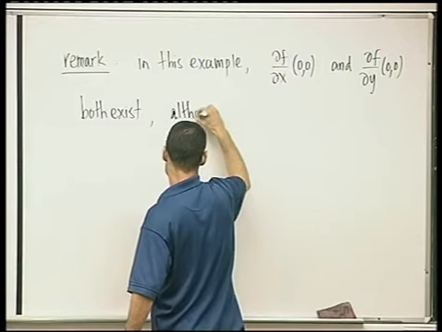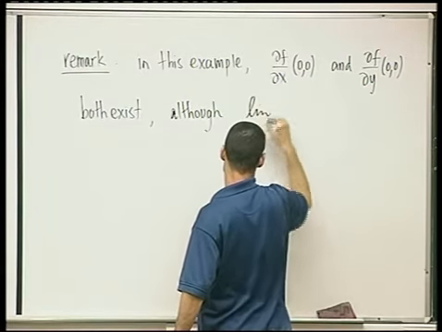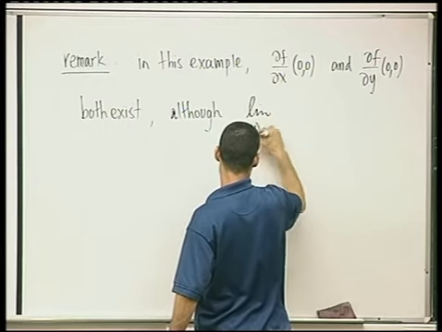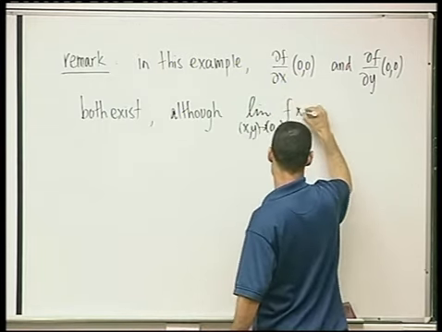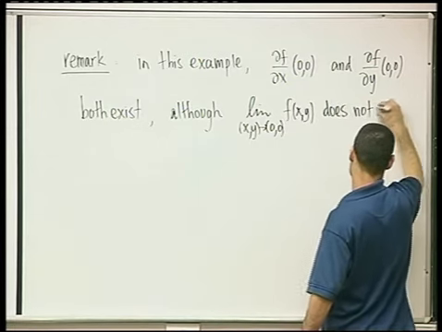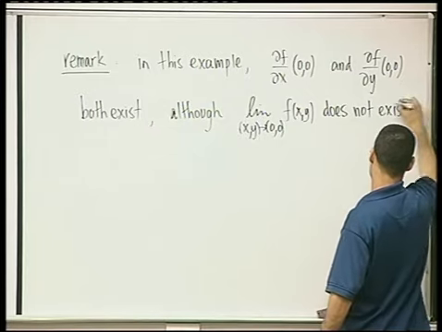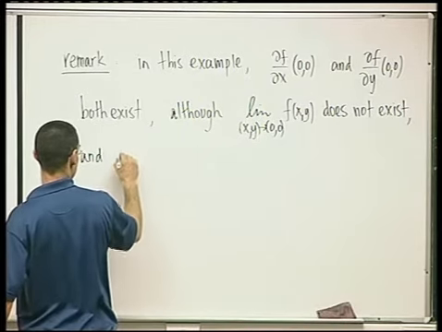Although the limit as (x, y) goes to (0, 0) of f(x, y) does not exist. And therefore, f is not continuous.